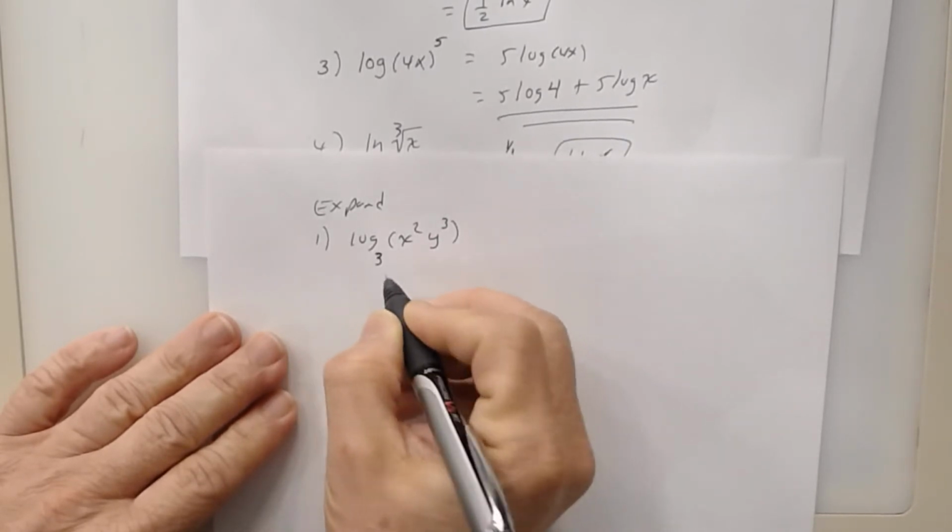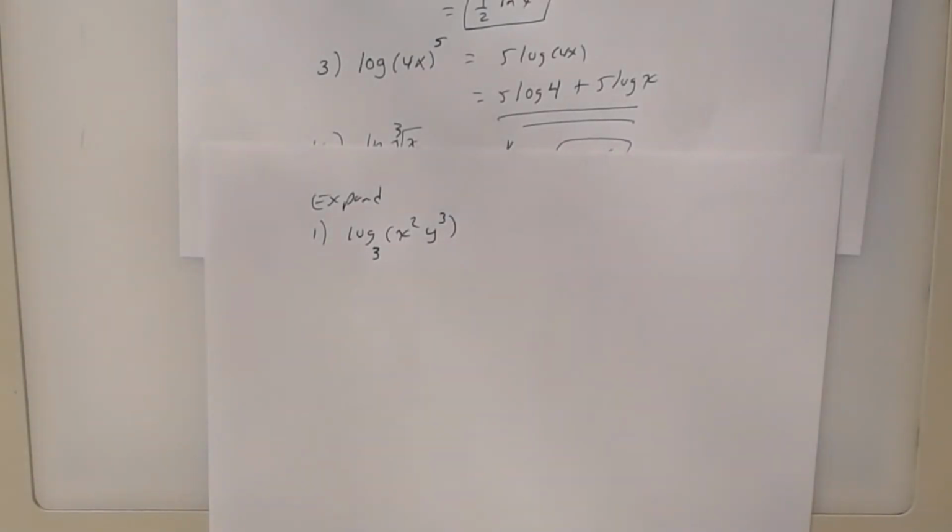base 3. Do you combine the 2 and 3 before you put it in front of the log? What do you mean combine the 2 and the 3? 2 times 3 would be like 6 logs. Listen to what David said. He says, oh, I can go ahead and add those exponents.